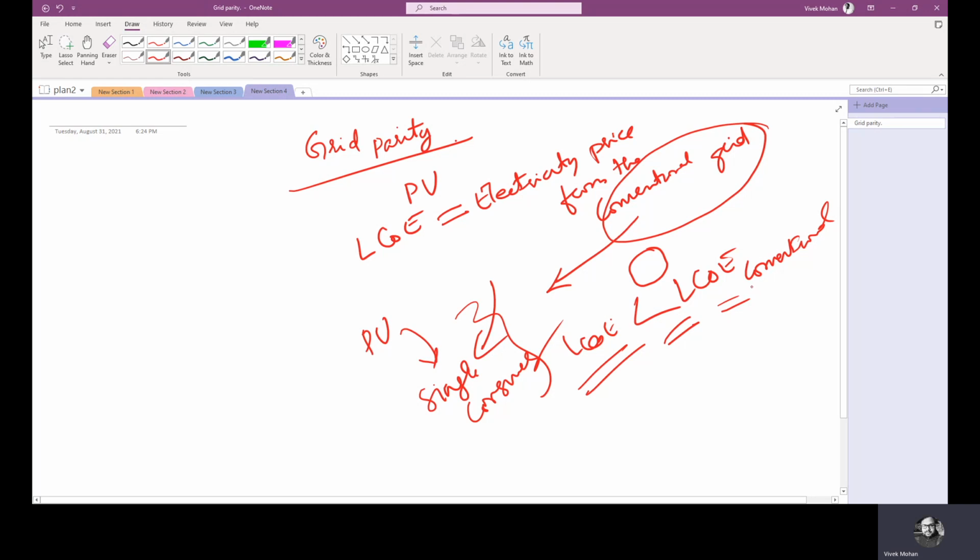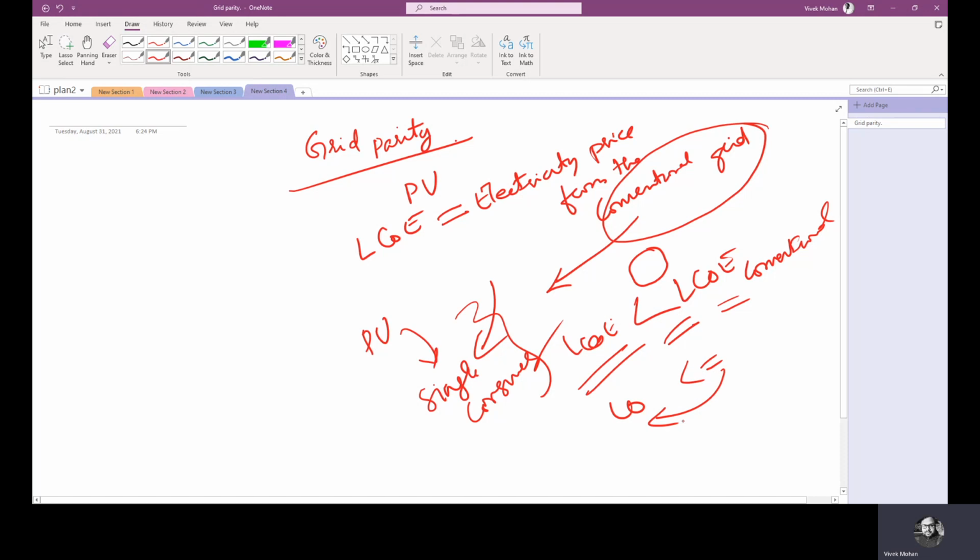So achieving grid parity is a good thing, right? Achieving grid parity and beyond, because LCOE of this is less than conventional, and when it is equal to conventional, there is grid parity, and our aim is to reduce it beyond, right? Beyond grid parity. Okay. So for wind and hydroelectricity, normally installations are financed by companies and installations are done by companies.